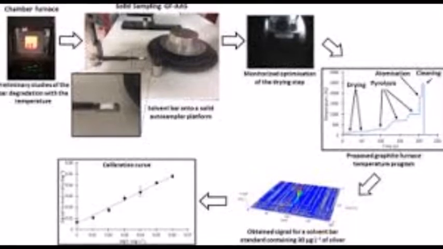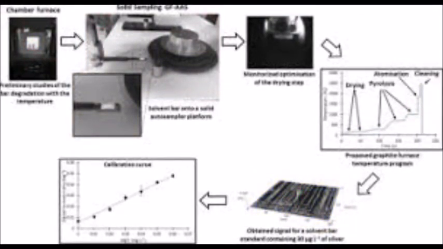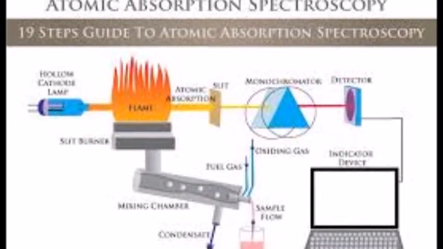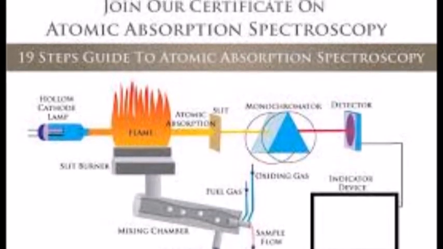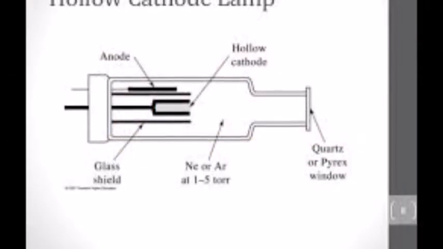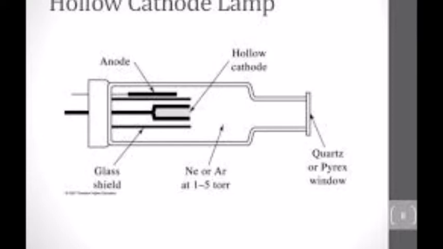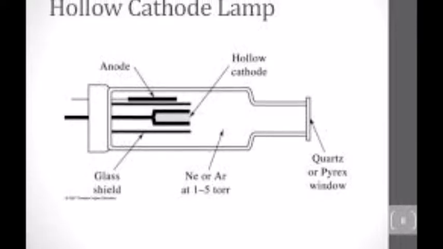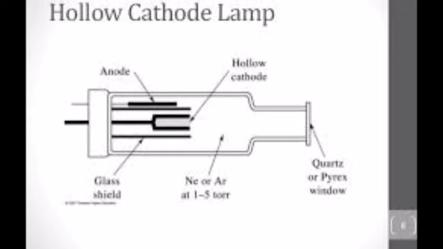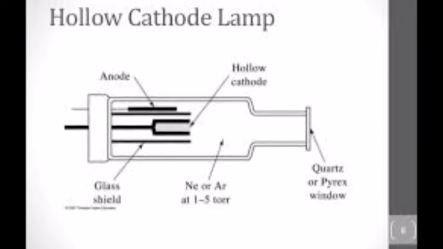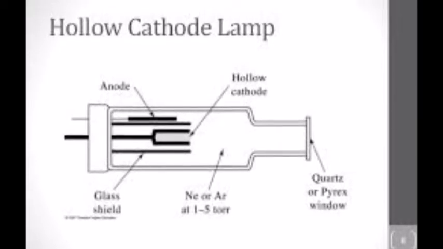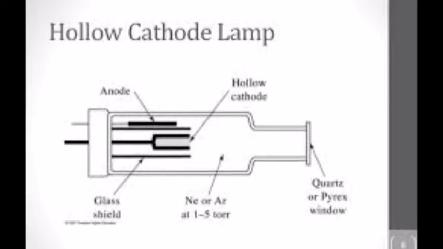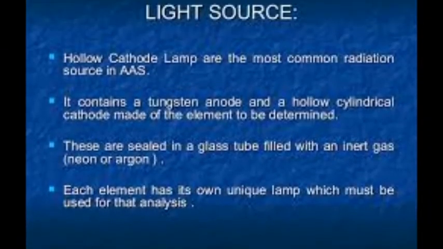The first region is the light source. Here the light source is a normal hollow cathode lamp, which contains a tungsten anode and a cylindrical hollow cathode tube. This light is carried by inert gases such as neon and or argon present in the light source chamber, and this light source undergoes four different stages before meeting the ionized substance in the excitation chamber.